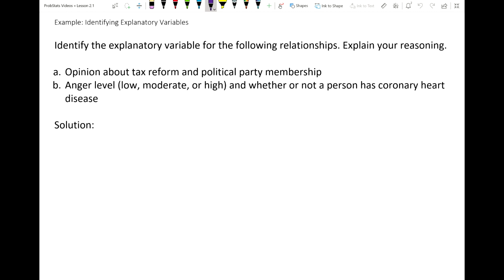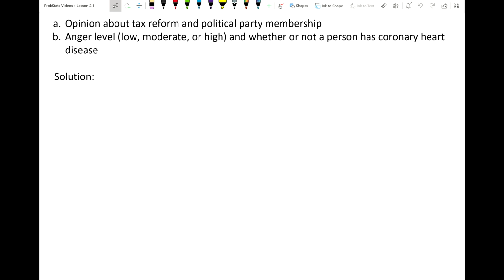So the explanatory variable is the political party membership, because knowing the political party will help predict the person's opinion about tax reform. So for part A, the explanatory variable is political party membership.